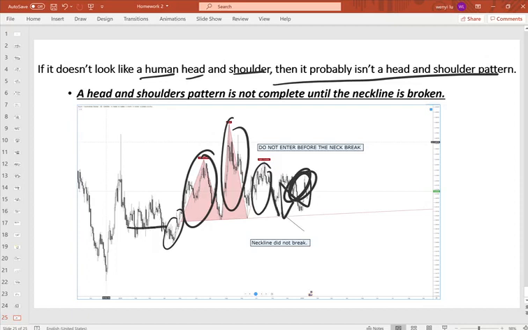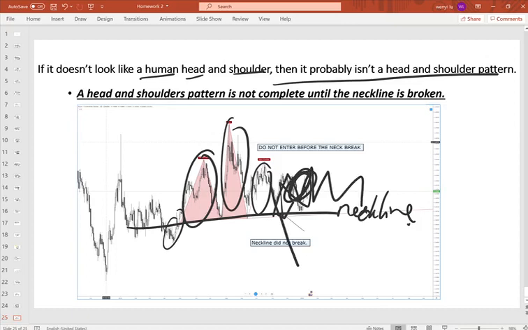Now we have a neckline, and then the price will continue going down here. However, if the price shows more shoulders, it means our trend will not go toward the opposite direction.